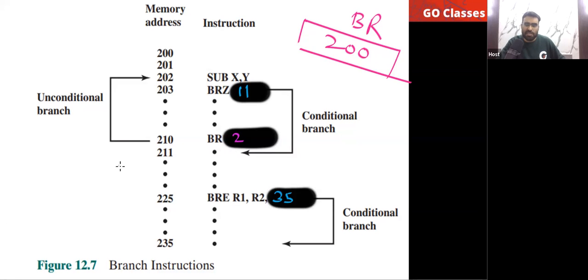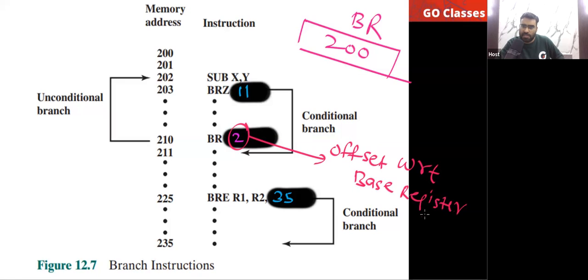Can you feel that this is much easier? So tell me, this is offset with respect to whom? This is offset with respect to the 200, the base register content. Is this clear?